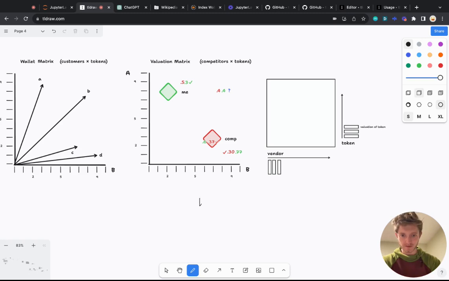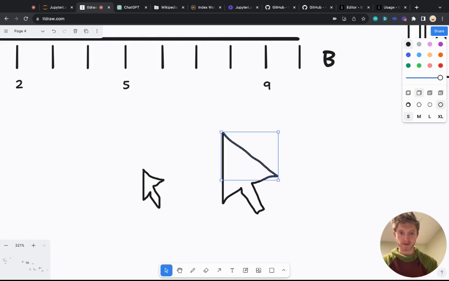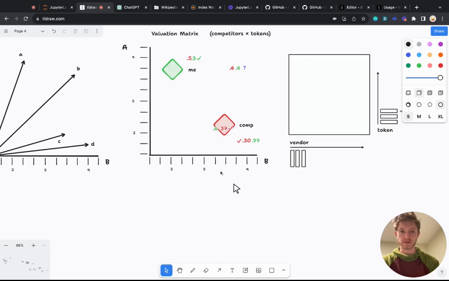Let me draw a little mouse here. Oh, that's so bad. Boom, boom. Good. Better. The trick is you draw it big and then you scrunch it down, and it looks like you're very talented, but you're not. You just did it in high fidelity and then shrunk it to low fidelity.